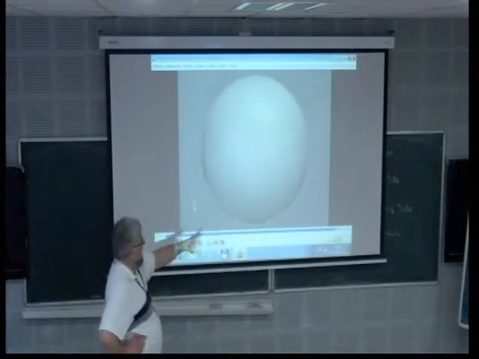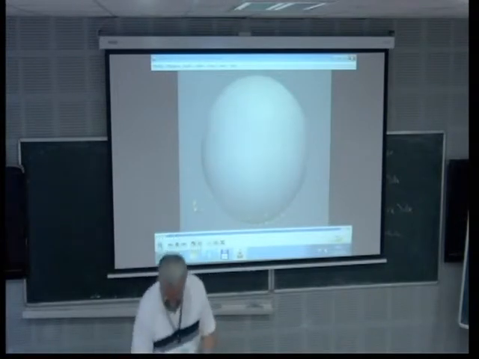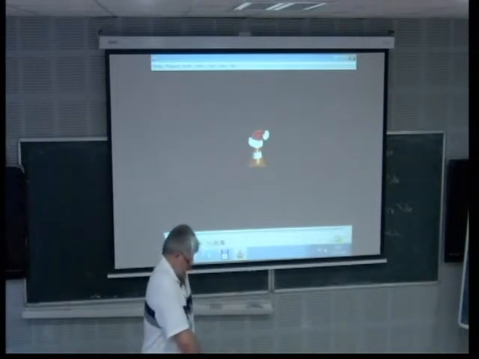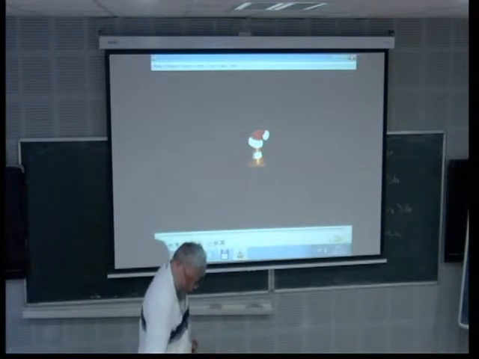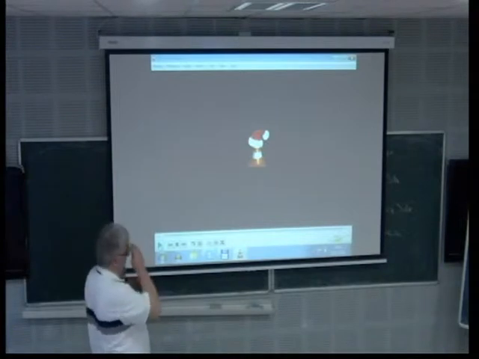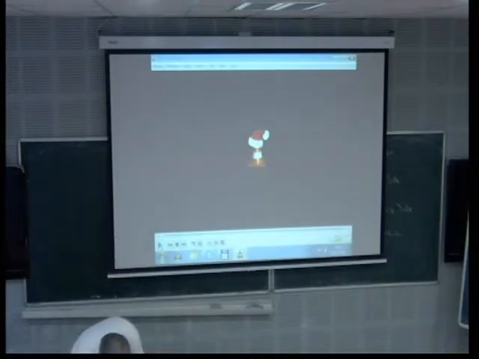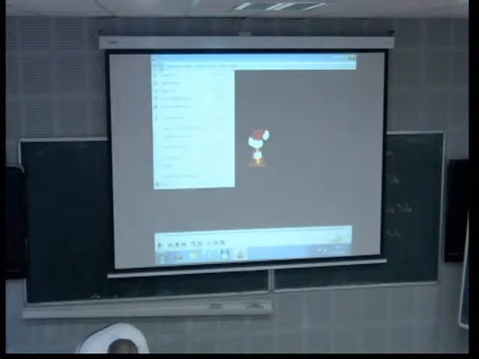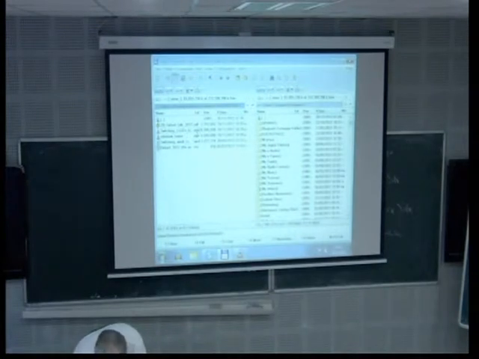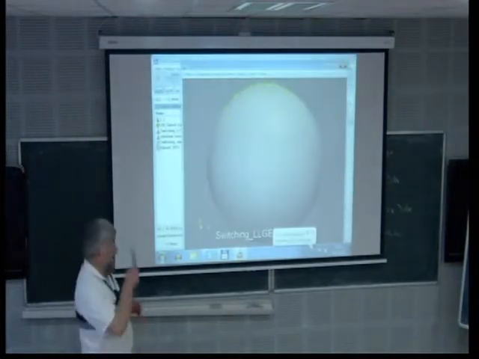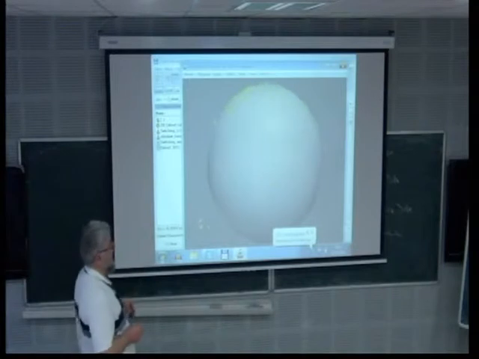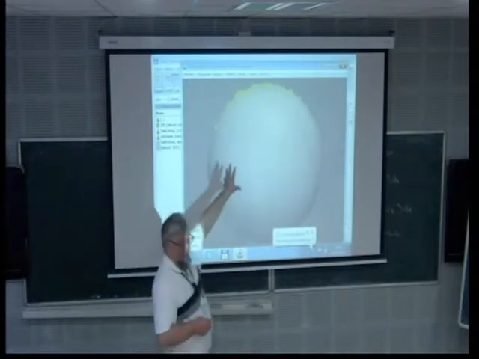So these a lot of points represent a finite element approximation of a curve which has values in the sphere.